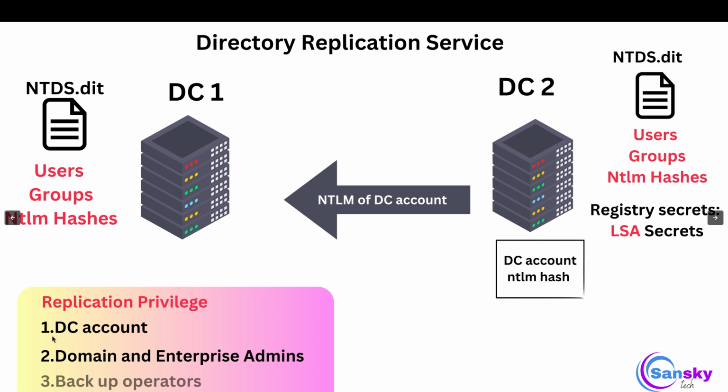These accounts are the DC account, domain and enterprise admins, and also backup operators. But by default, the DC account and domain and enterprise admins have this replication privilege, which means that they can ask the Directory Replication Service to give the information that exists in DC1 to DC2.